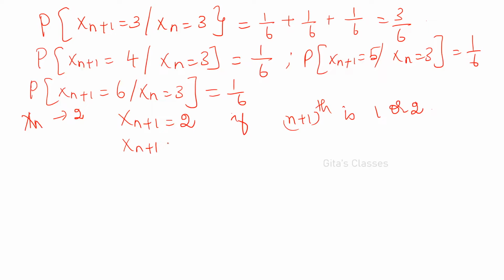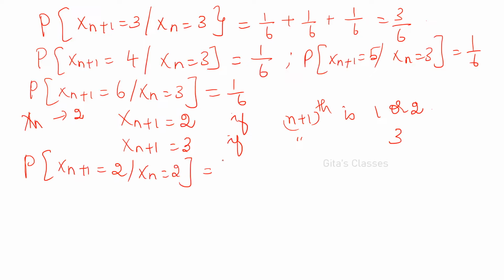If I am getting 3, I will write 3 here, and similarly for 4, 5, 6 etc. So probability of xn plus 1 is equal to 2 given xn is equal to 2 is, for either 1 or 2, 1 by 6 plus 1 by 6, which is 2 by 6, right?